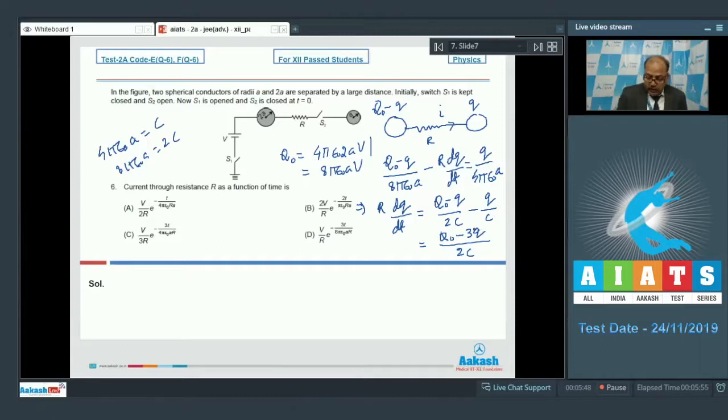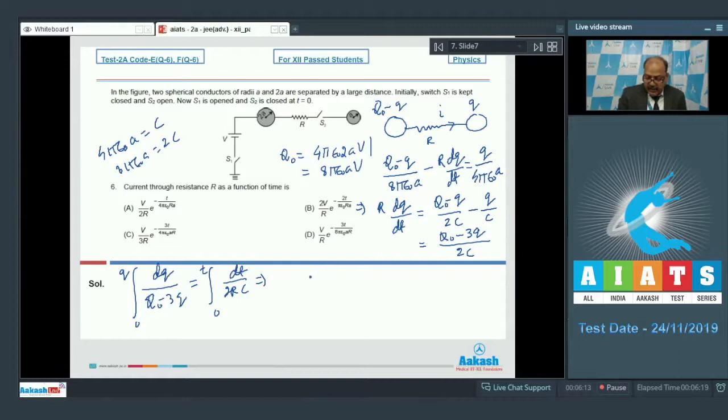And if I do the cross multiplication, we get dq by Q0 minus 3q equals dt by 2RC. We can integrate. Here it's 0 to t. And the value of q is 0 initially, and let's say at time t it is q.